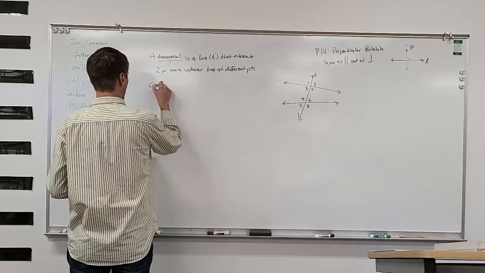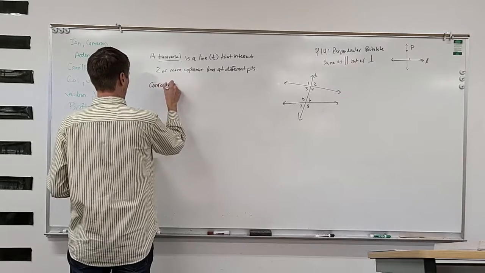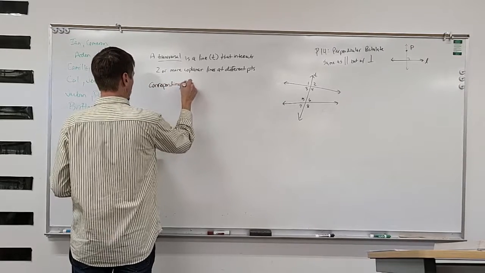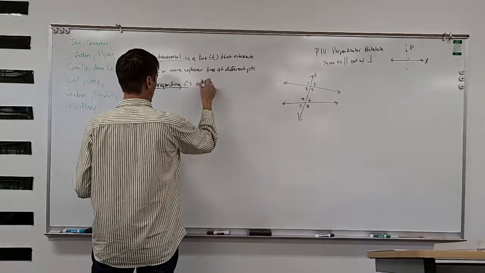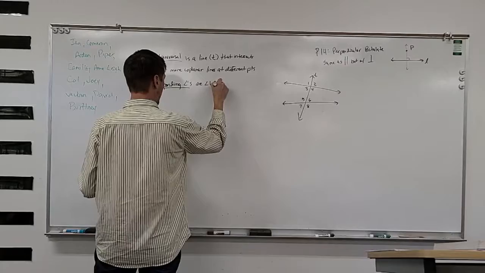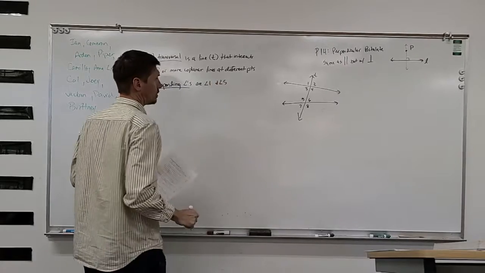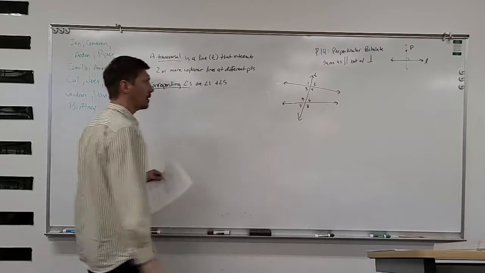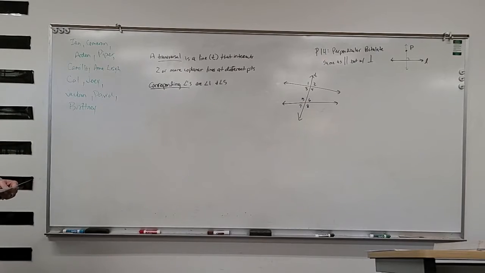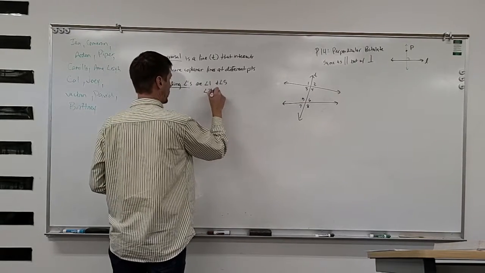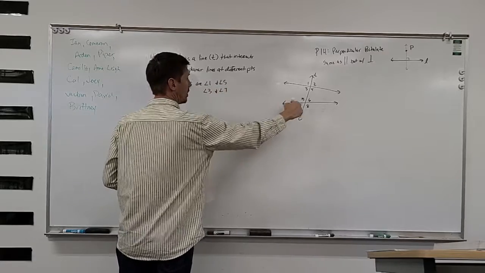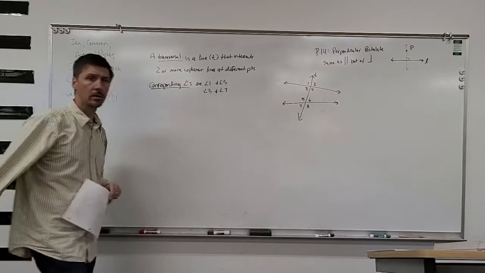Corresponding angles, I'm going to use my little symbol for angles. Corresponding angles are angles 1 and 5, right here. Those would be corresponding. Also angle 3 and angle 7.